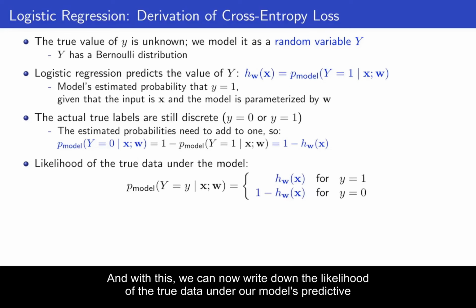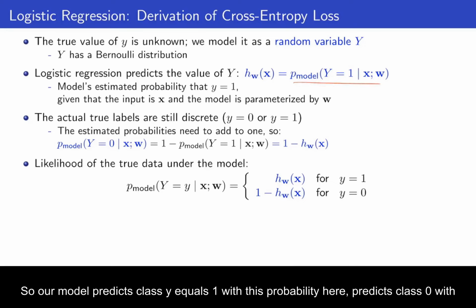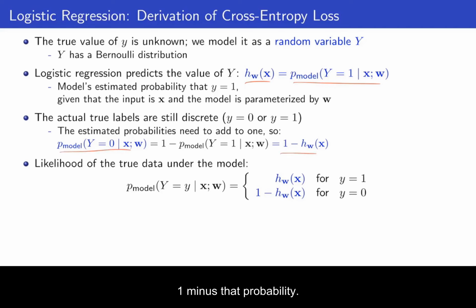With this, we can now write down the likelihood of the true data under our model's predictive distribution. Our model predicts class y equals 1 with this probability, and predicts class 0 with 1 minus that probability.